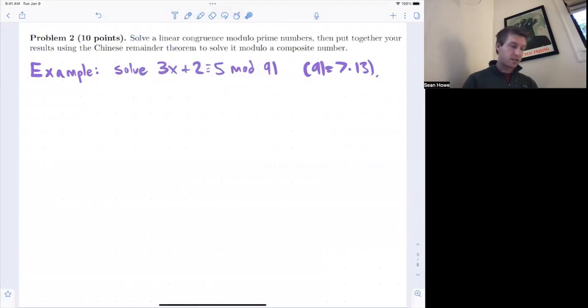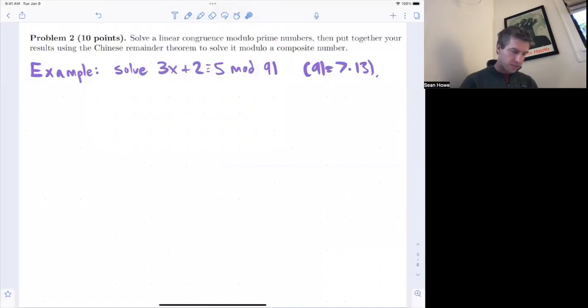To do that, as instructed by the problem, I should first solve it modulo the prime numbers 7 and 13 that appear in the prime factorization of 91, and then use the Chinese remainder theorem to put those together in order to solve it modulo 91.